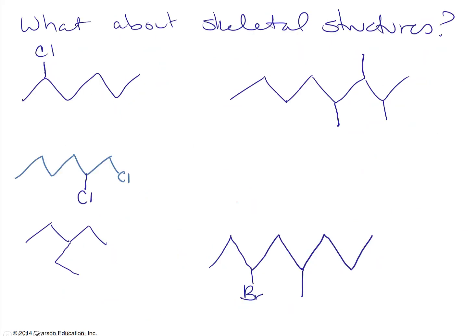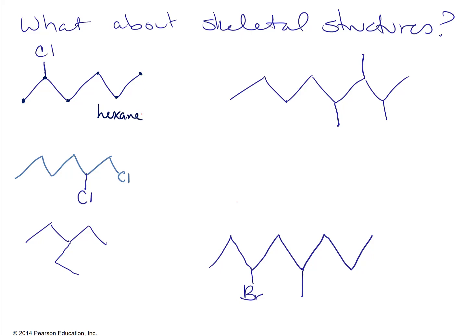So we got those. Remember with skeletal structures, in that first one, how many carbons are in that upper left structure? 6. So everybody see that. So we have 1, 2, 3, 4, 5, 6. So that makes this chain a hexane.